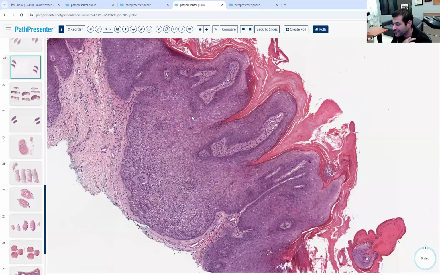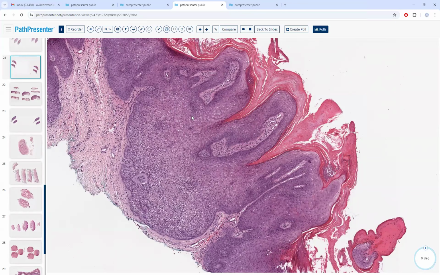So cup-shaped, verrucous. There's a feature in there that you didn't mention. Lysis. Not just acantholysis, but acantholytic dyskeratosis. Do we see that here? No. What do we see here?